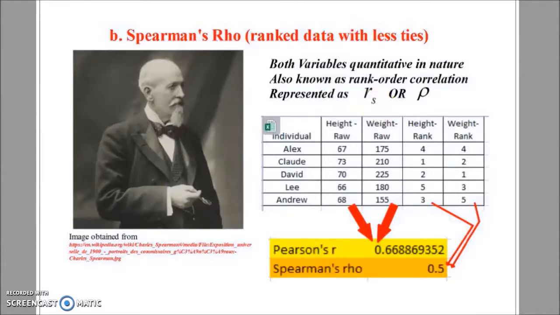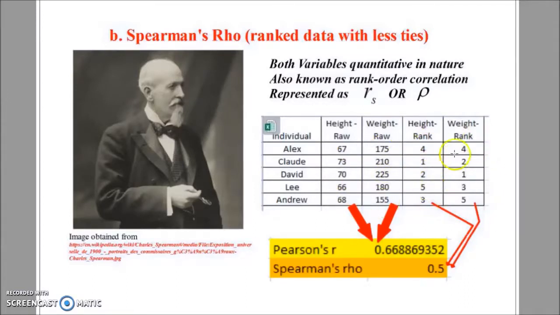So if you have the raw data set, you are actually giving them a rank. If you look at the height rank, the largest is 73, so that has got rank one. Then 70 is 2, and then 68 is 3, and then 4 and 5.